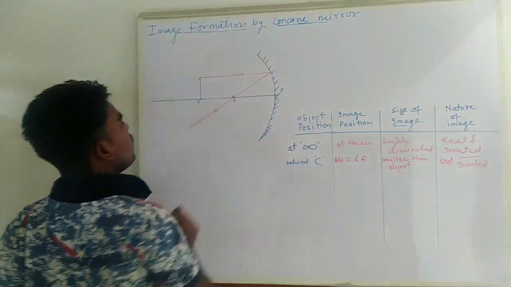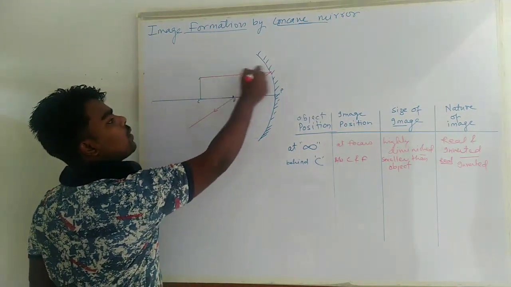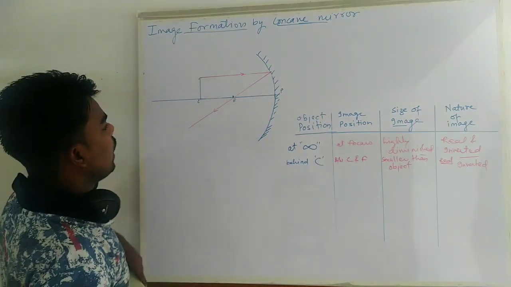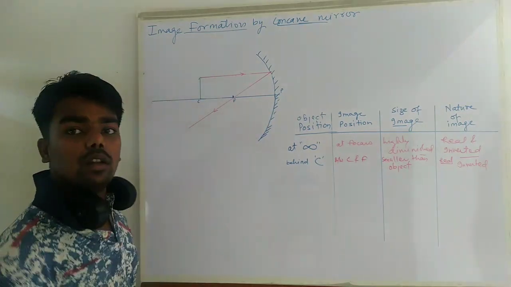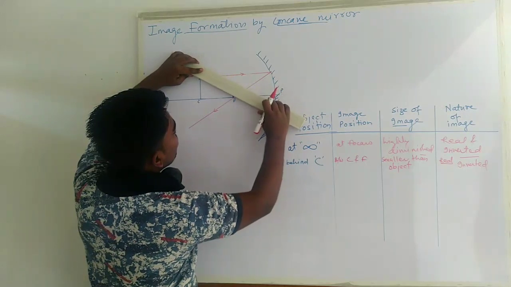So this was the first, this was the incident ray, it has gone parallel to the principal axis. After reflection it is passing through the focus. If suppose it is passing through the focus, then it will go parallel to the principal axis. So that we will take the next one. Okay.